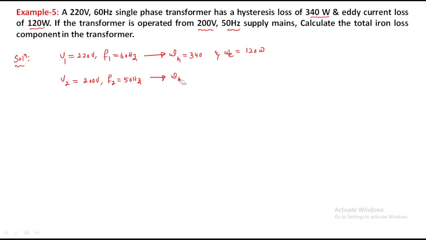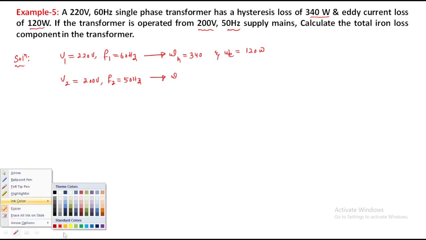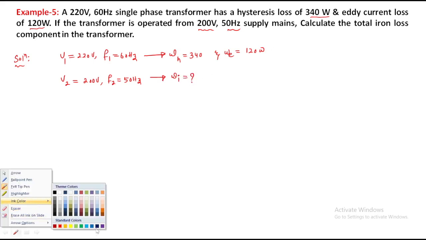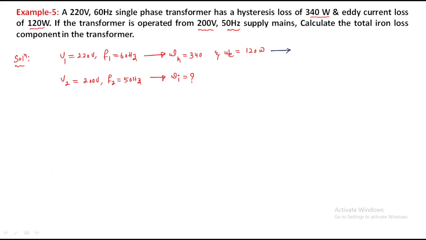In that case, we have to calculate finally the iron loss component, right? So from this, what is the value of iron loss component? Which is equal to hysteresis loss plus eddy current loss, which is 340 plus 120, which is equal to 460 watts, right?